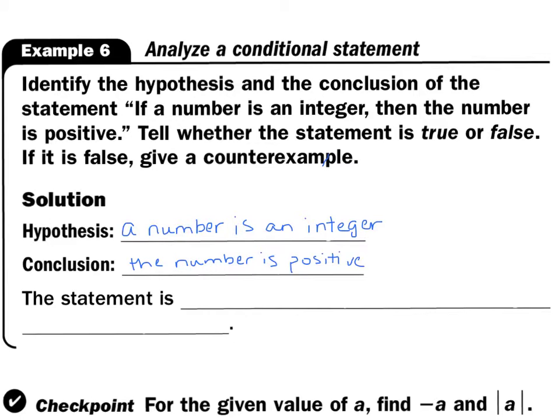This statement, however, is false. A counterexample is an example that proves that this is not true. So, for example, negative 5 is an integer, but it's not positive.